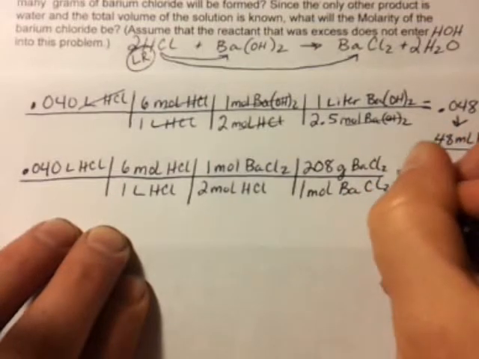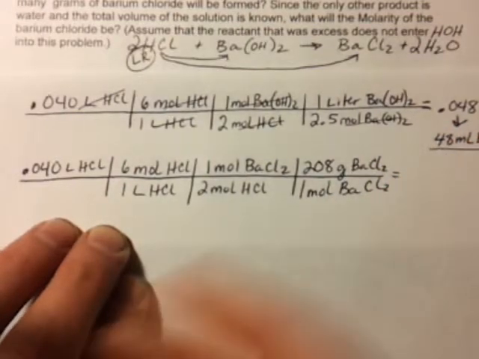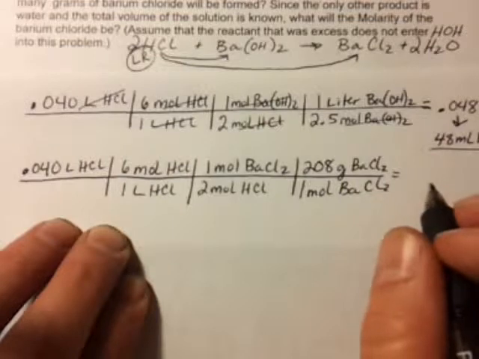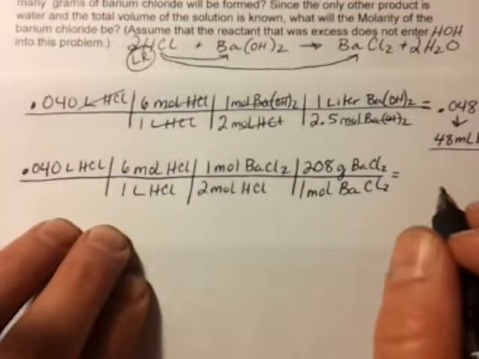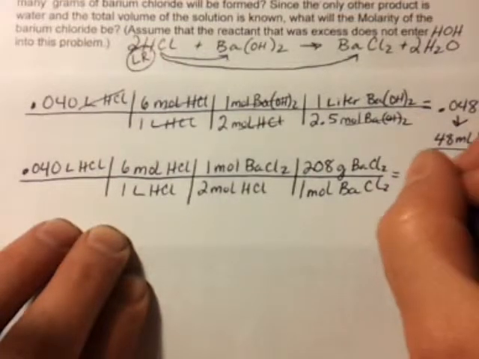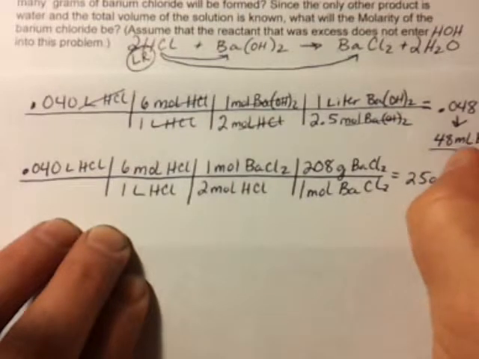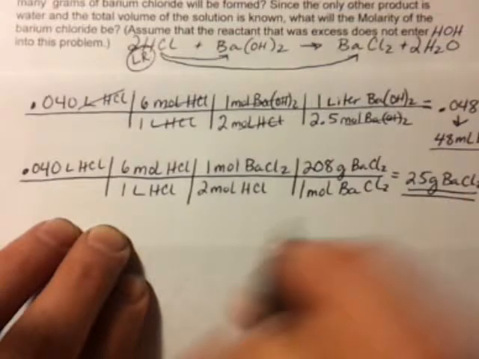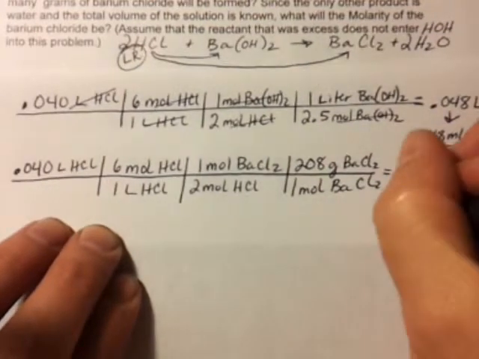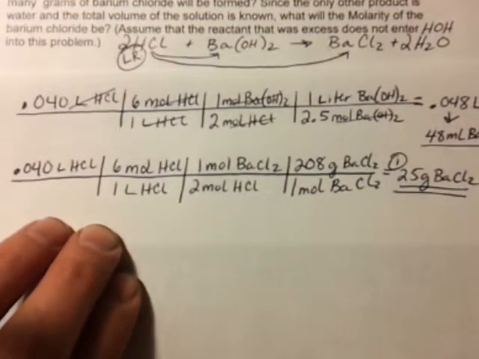So if I do this calculation, I get 25 grams of barium chloride. So this is how many grams of barium chloride I have. That answers question number 1 in the problem.